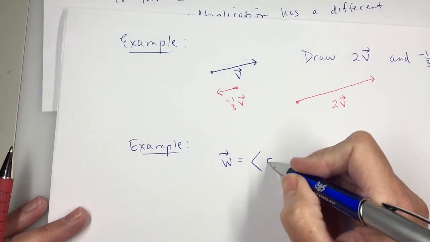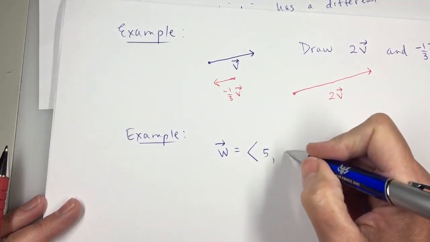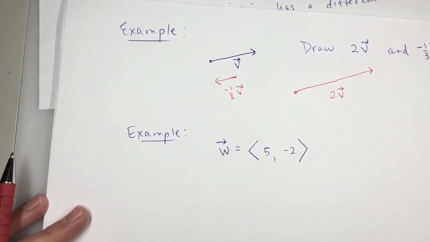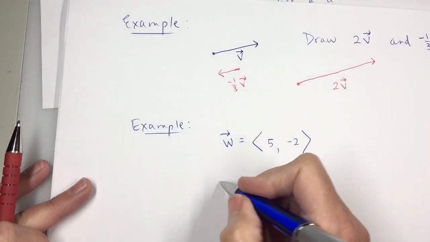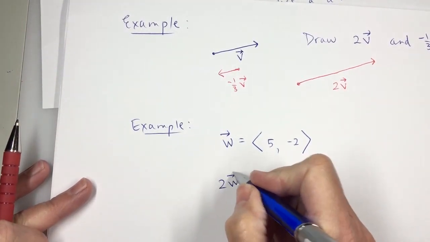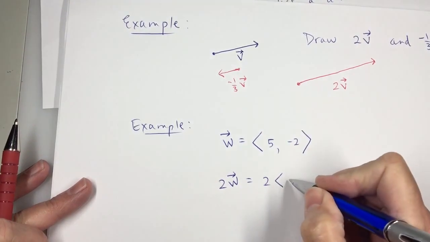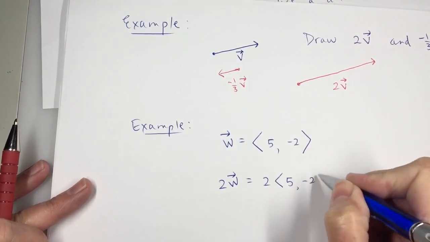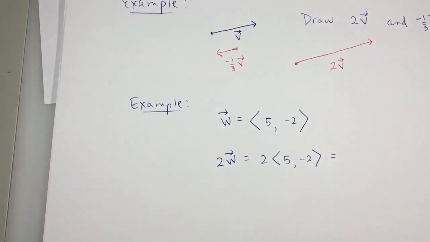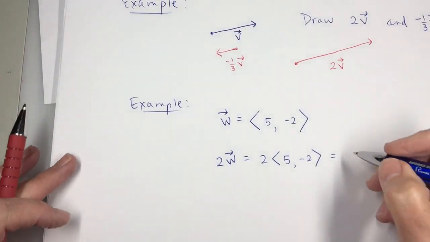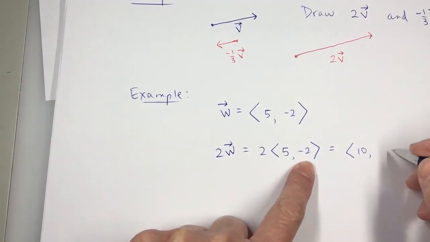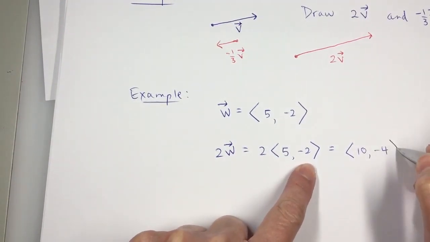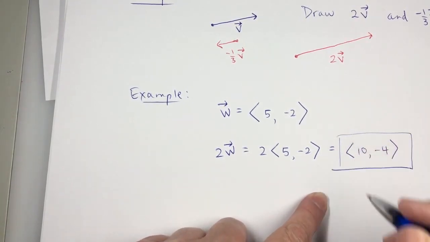I'll just make something up: 5, negative 2 is vector W. Then 2 times vector W is going to be 2 times the vector 5, negative 2, and you just multiply the 2 with the components. So 2 times 5 is 10, and 2 times negative 2 is negative 4, and here's 2 times vector W.